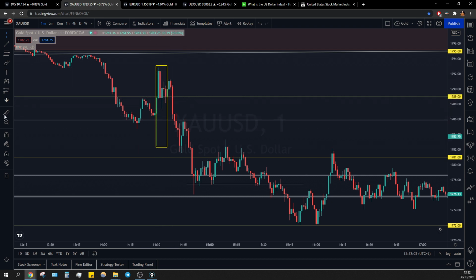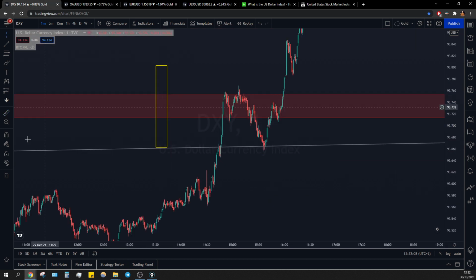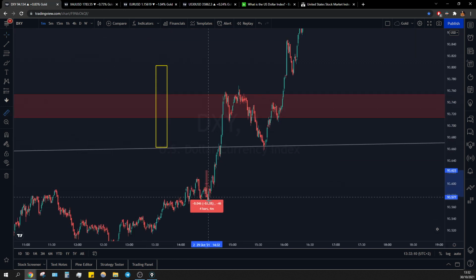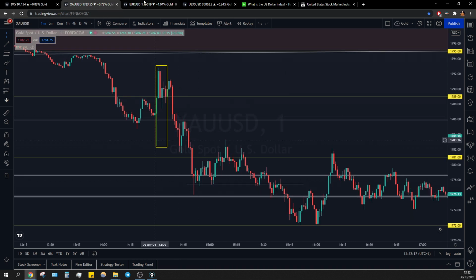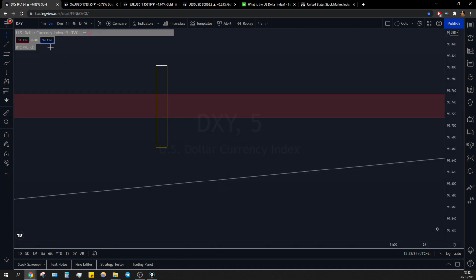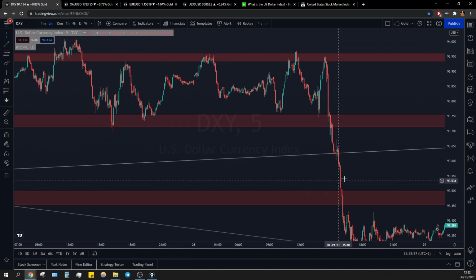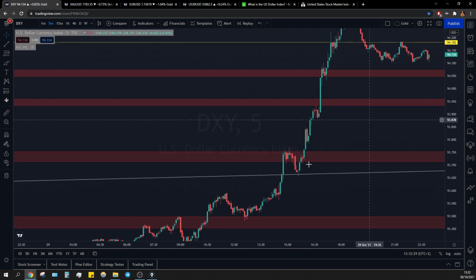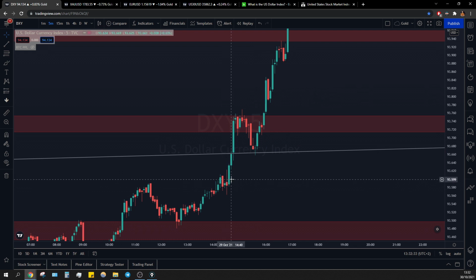The movement was much more here than it did here. But as you can see, it closed very bullish. So sometimes it can give you very strong confirmation, and sometimes it's not that linear. Okay, because I was looking at the wrong one.